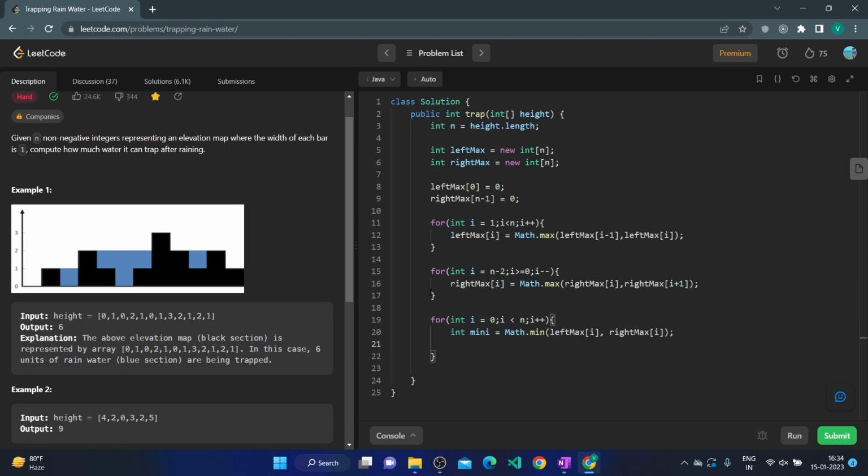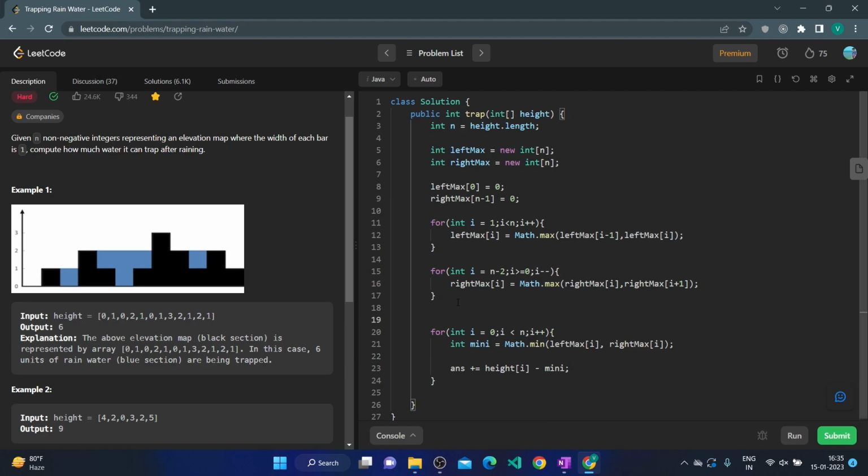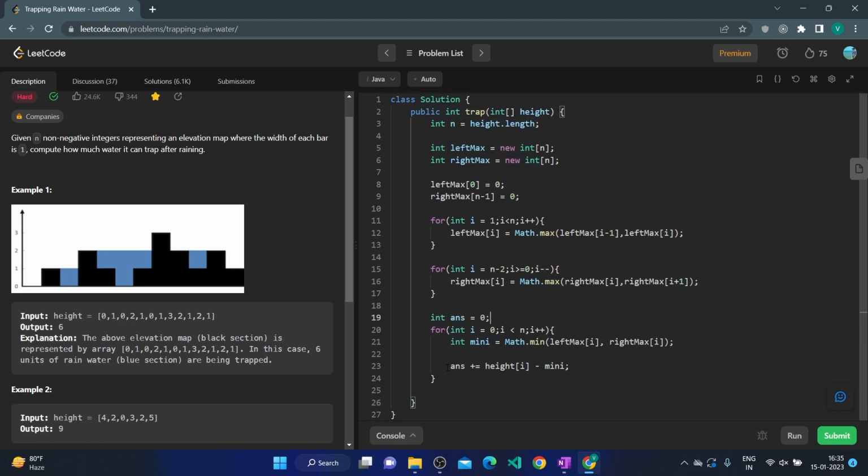Okay, so the answer would be updated according to this mini, which is the minimum bar from either of the sides, and we'll subtract it from this height, which is the current element, minus the mini. Okay, so in this case we'll define our answer as 0 initially, and this will update our answer. Okay, and we can just return our answer.